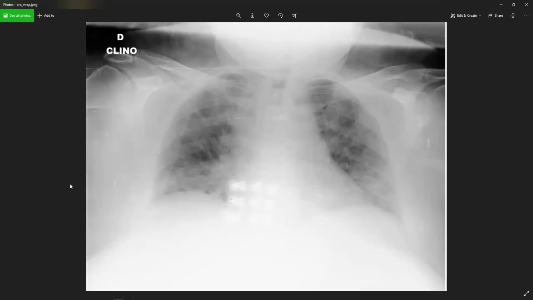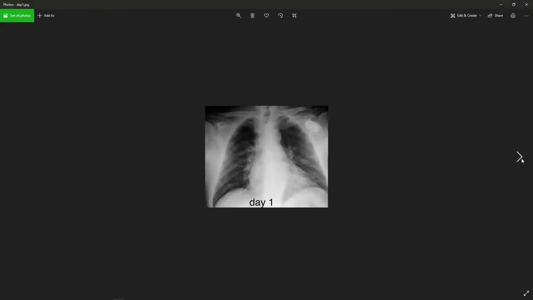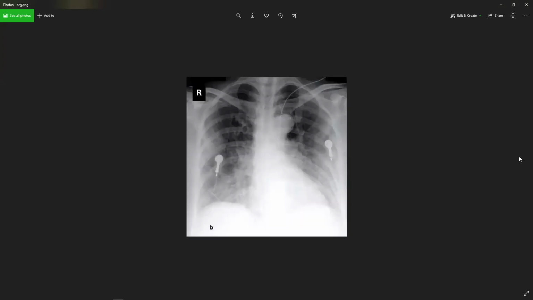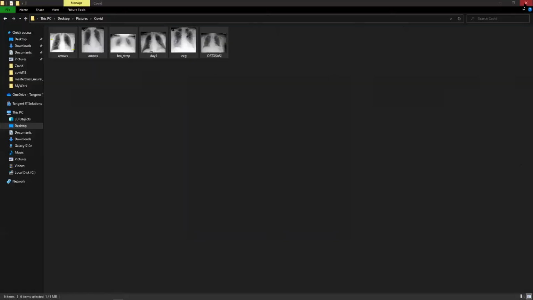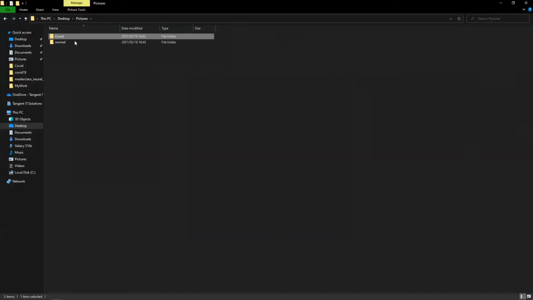Here you can see a bra strap in the middle. And here we've got some ECGs running across, and also it's written day 1 on the picture. And some more ECGs and a random B down there. So that's the COVID-19 positive case.